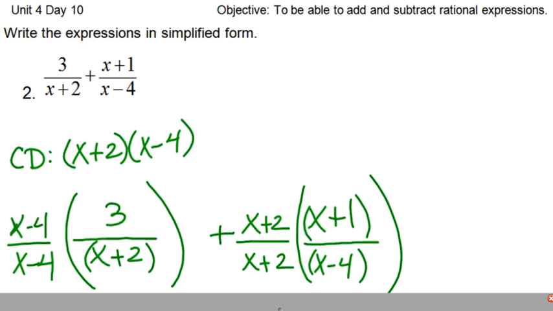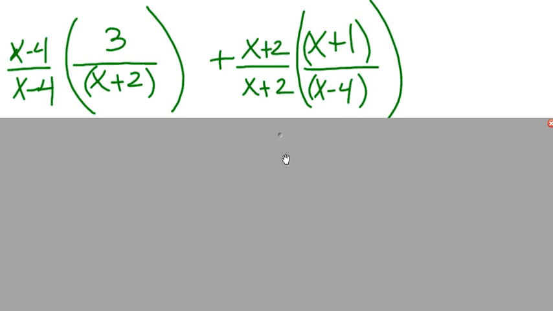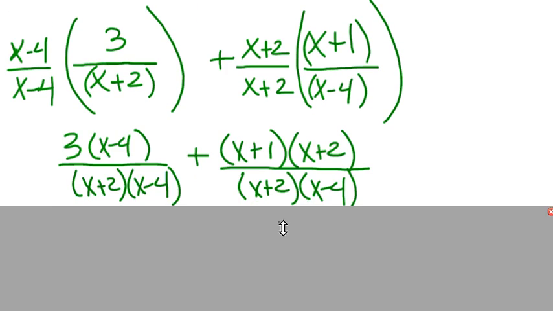As always, when you're multiplying your fractions, you multiply across numerators, denominators. Which brings us here.